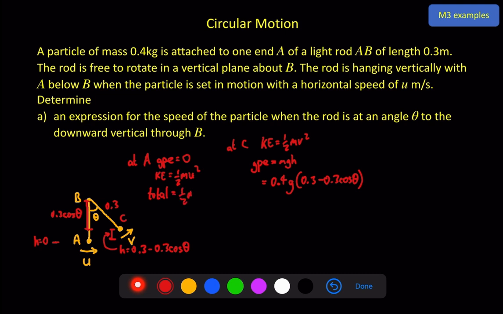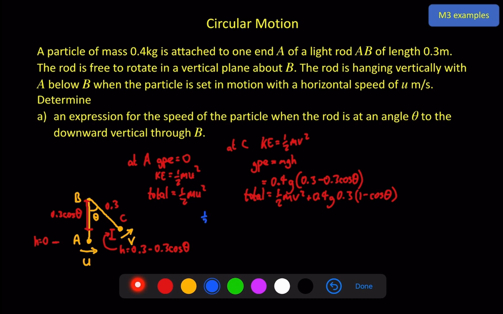So we've got a half mu squared over here, and over here, a half mv squared plus 0.4 g times, let me write this slightly differently, 0.3 times 1 minus cos theta, and then I can combine those decimals in a moment. Now, from what I just said, the totals don't change. We're not losing anything to friction or air resistance.